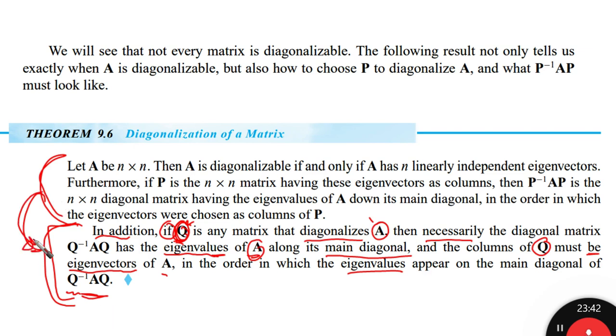If we have a matrix that we are sure diagonalizes A, then these are the consequences we are going to face.